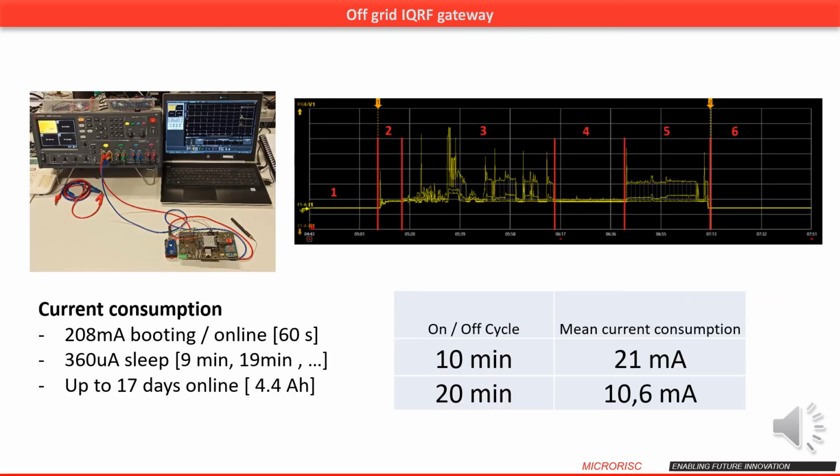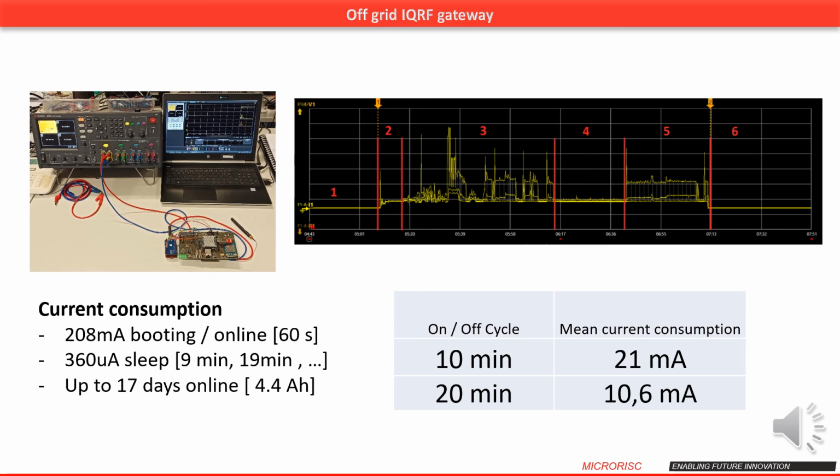The average power consumption of the current prototype of the off-grid gateway is approximately 21 mA for 10-minute communication cycle and about half of that for 20-minute cycle. The consumption when the gateway is running alone is 208 mA and when sleeping is 360 microamps.